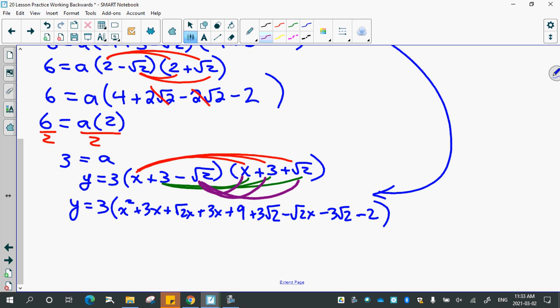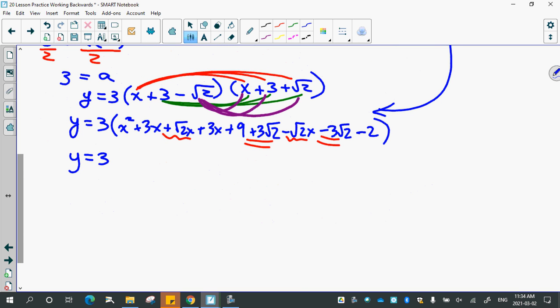Yay! That's a feat. Okay, so then let's look and hope that our root 2 or root things cancel out. So we've got plus root 2x and minus root 2x. We've got plus 3 root 2 and minus 3 root 2, which is a good thing. So we've done it probably right.